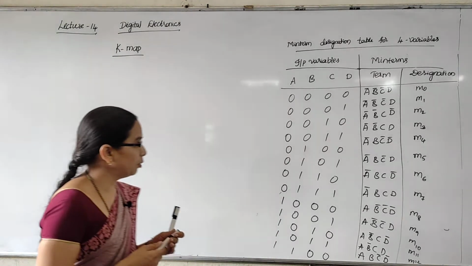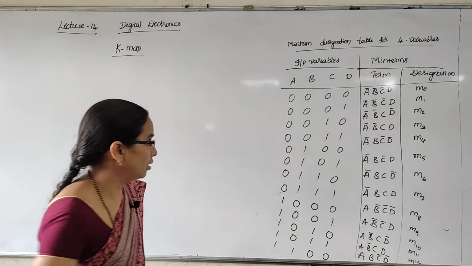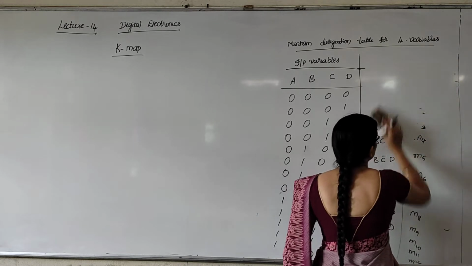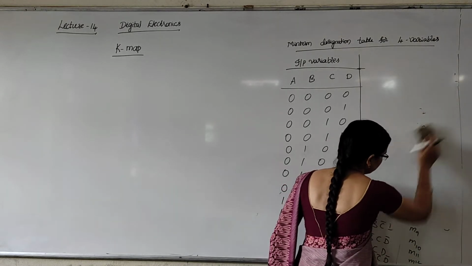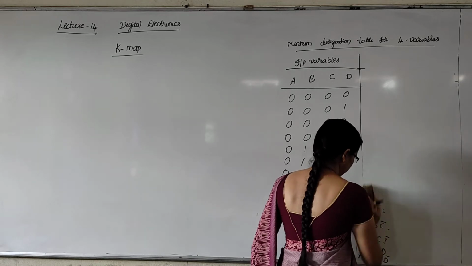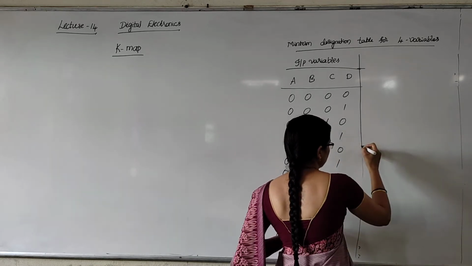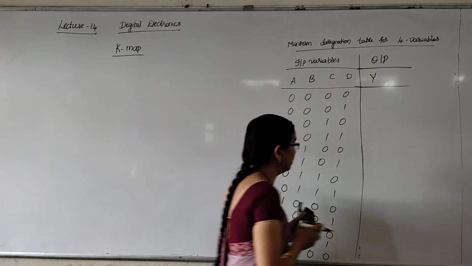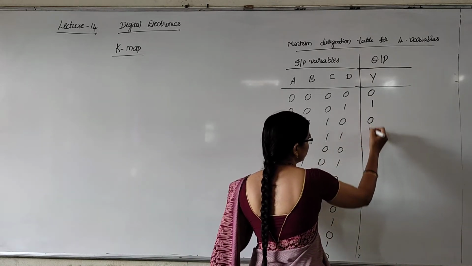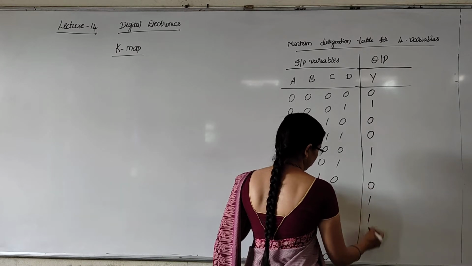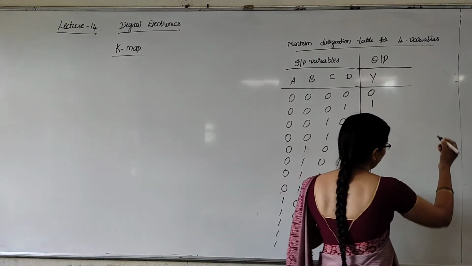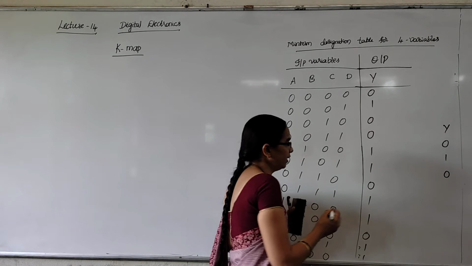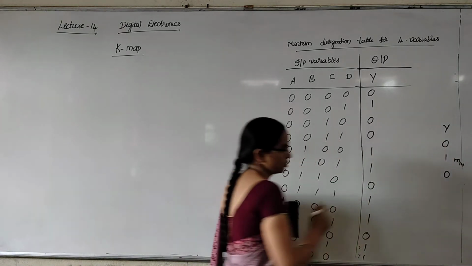And if the 4 variable truth table is given, and for that the output y will be high for certain terms, and for 13, 14, 15 the output will be 0, 1, 0, and that is M14 is high, others will be 0.